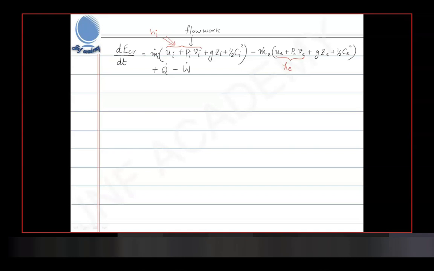So this is the advantage, because there's always a flow. There is an inlet and outlet. There is always a flow work associated with the inlet and outlet. We are going to combine that with the internal energy, and we are going to call it the enthalpy.